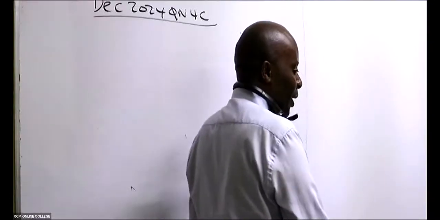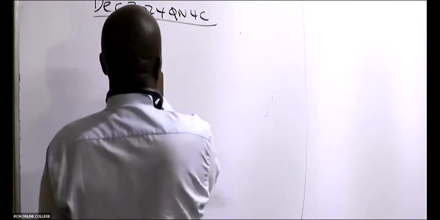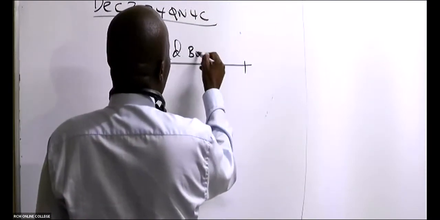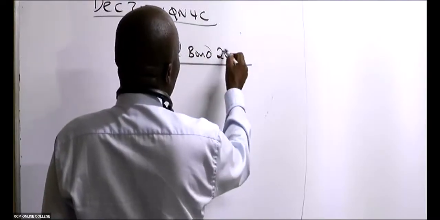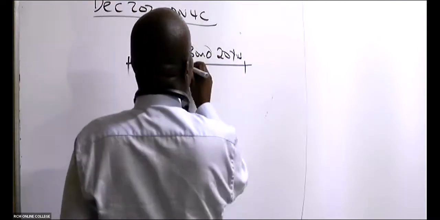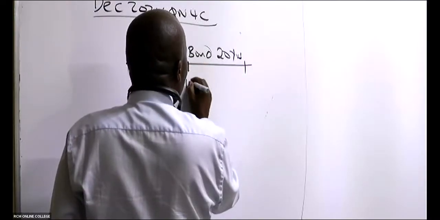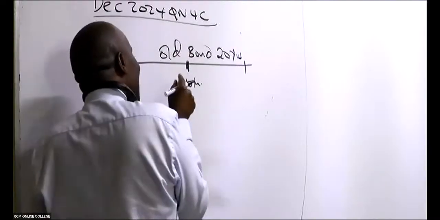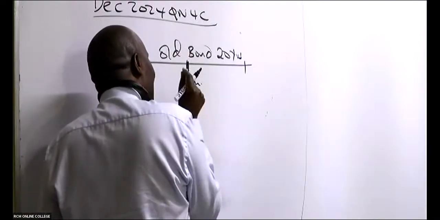Now, ladies and gentlemen, when you want to retire an old bond, say this old bond is supposed to run up to 20 years. In between, in year number 10, you realize, hey, I've gotten a cheaper bond. So what am I supposed to do?